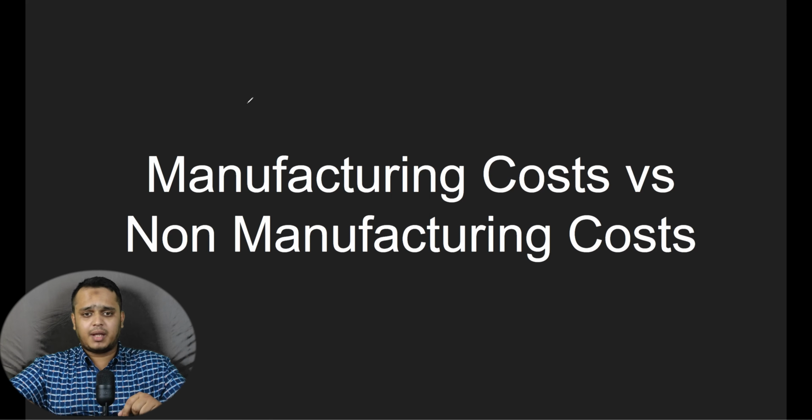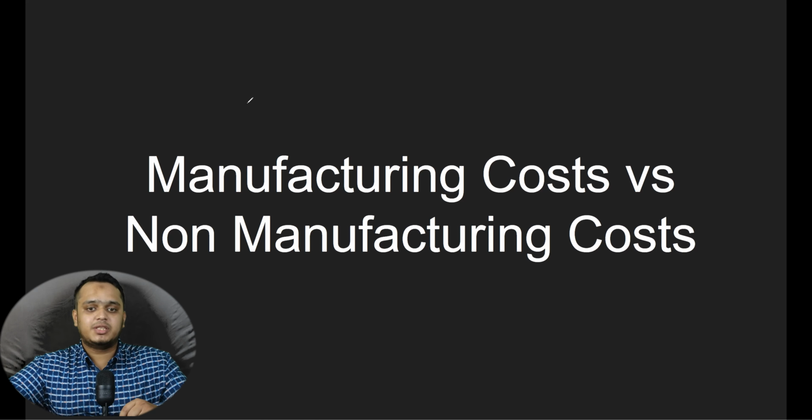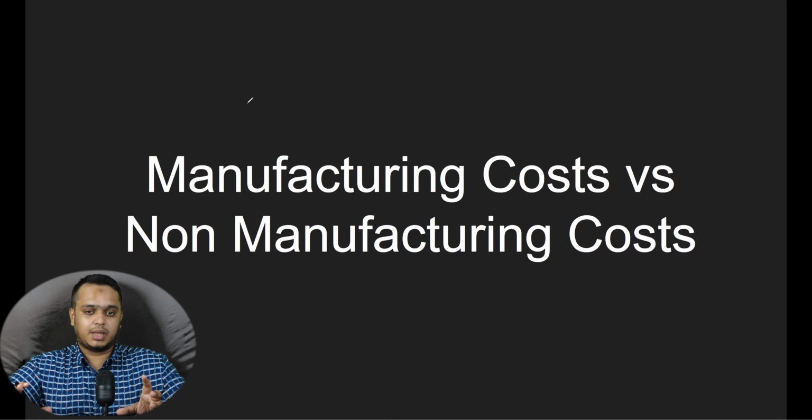In this manufacturing cost, there will be stuff like factory rent. Where will this factory rent go, manufacturing or non-manufacturing? It will go towards the manufacturing cost itself, under direct expenses. It won't come under non-manufacturing cost.